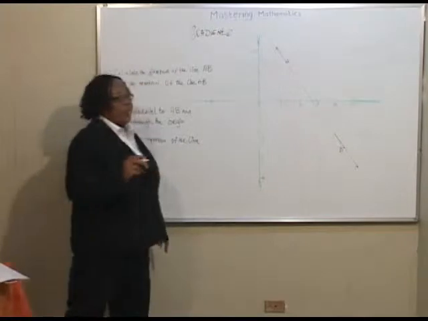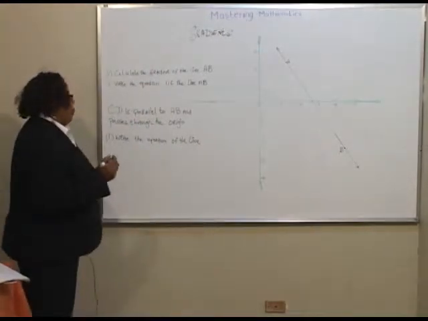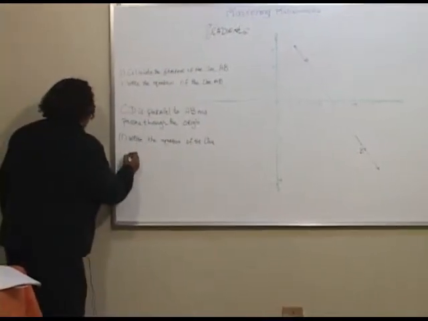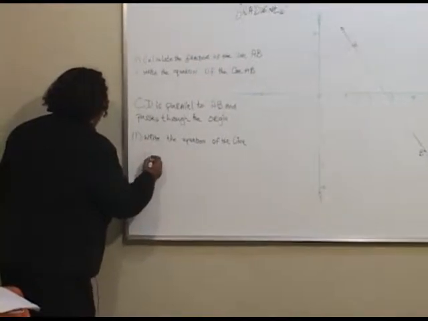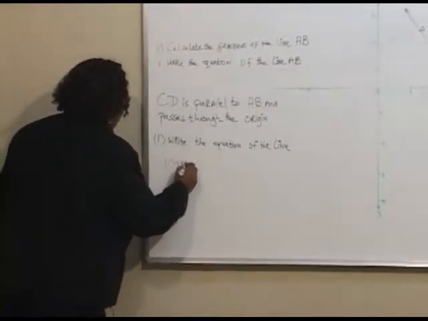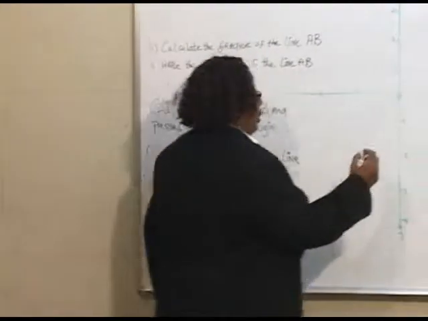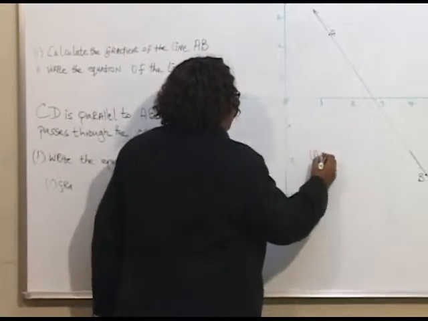Okay, we said to you, if we have 2 points, so we have the gradient. Let's do it over here where you can see. Want the gradient.